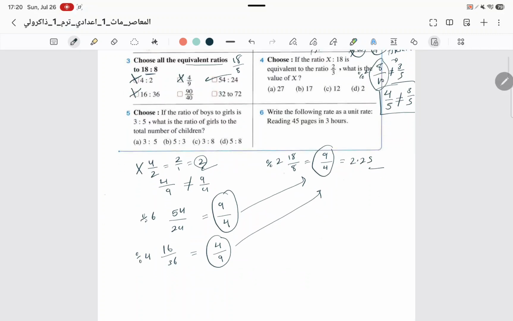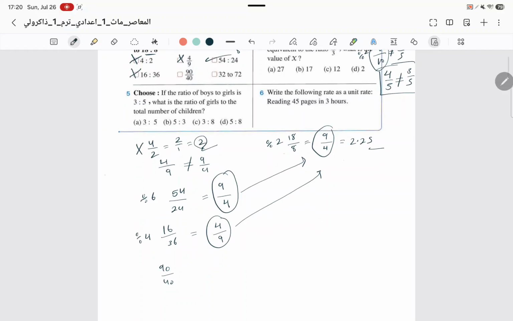And 90 over 40, we can divide both by 10, for example. So we have 90 over 10, which is 9, and 40 over 10, which is 4. So 9 over 4, the same as here with 9 over 4. So that one is correct.